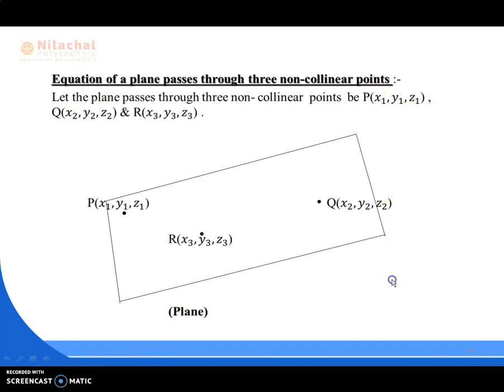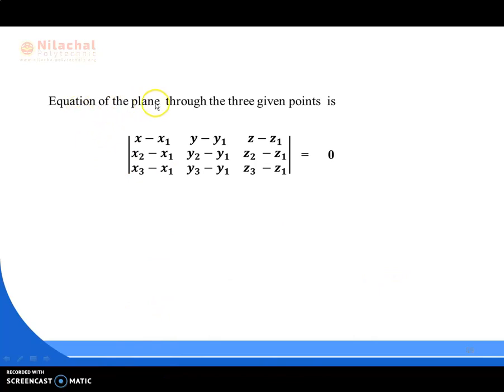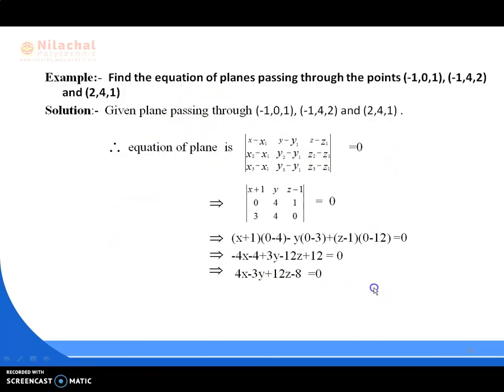Then the equation of the plane is the determinant with rows x - x1, y - y1, z - z1; x2 - x1, y2 - y1, z2 - z1; x3 - x1, y3 - y1, z3 - z1, which must be 0. This is the format. Then you can find the equation of the plane.